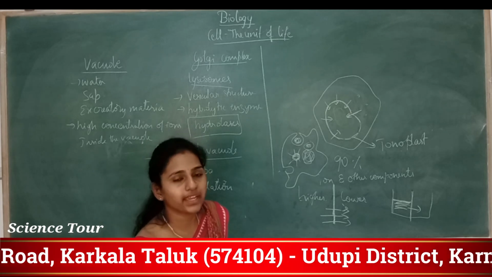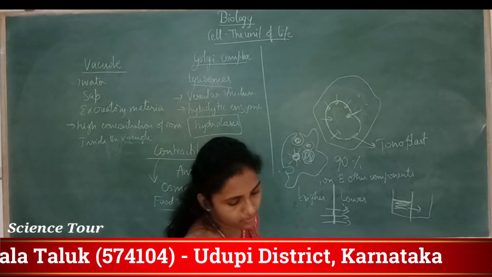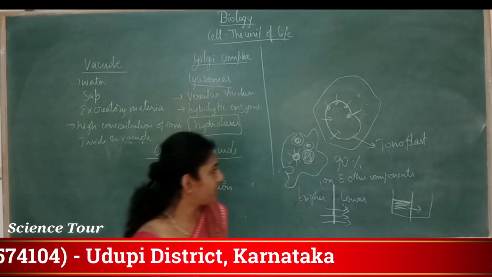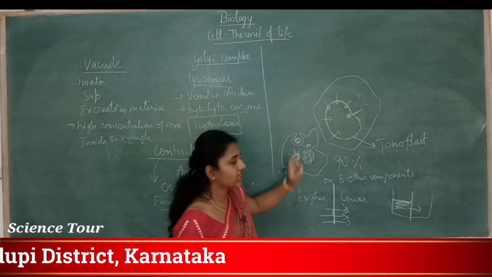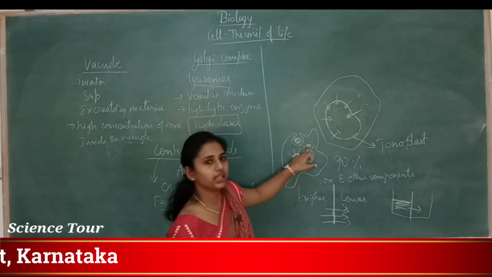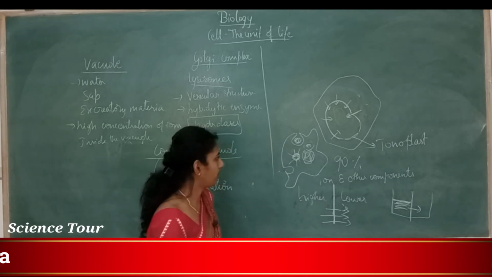Inside that vacuole you can see the food material, formed by engulfing the food material. The food is engulfed and stays in a separate vesicle. That is called a food vacuole.